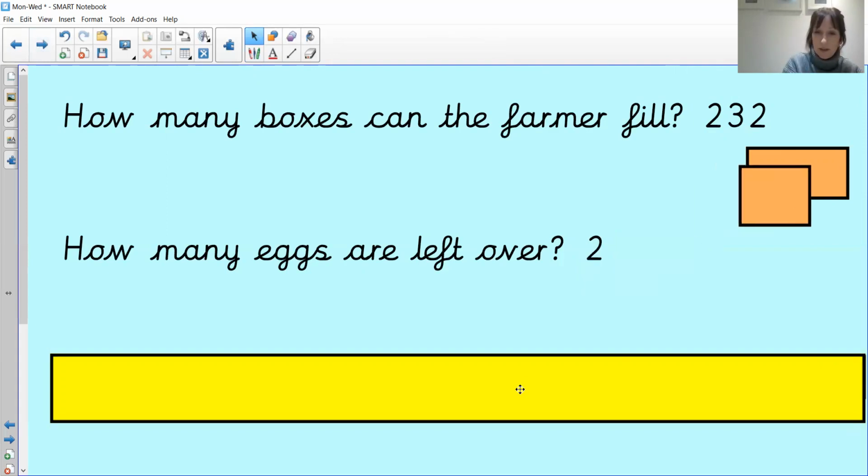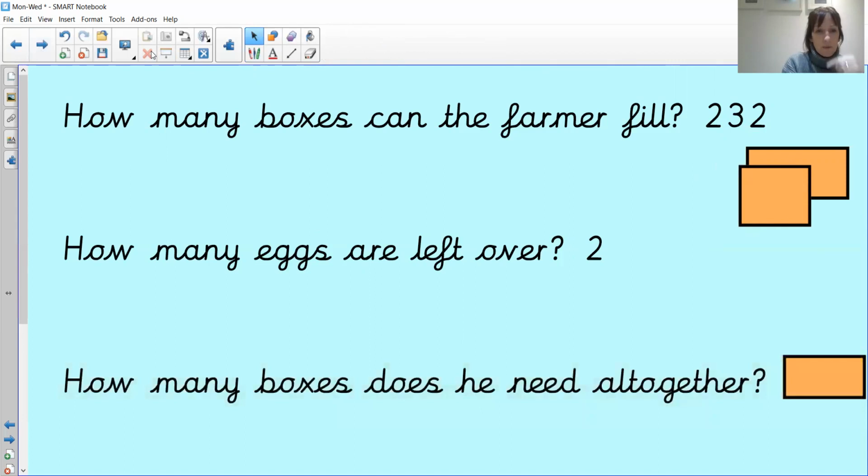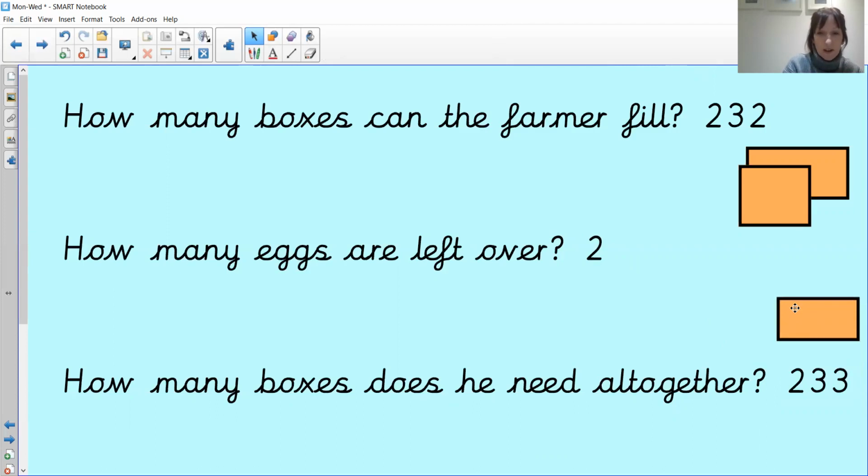It was 2, wasn't it? So, how many boxes does he need altogether, including those 2? Because they're going to need another box, aren't they? Even though the box won't be filled. So, how many boxes altogether? We need an extra 1, don't we, just for those 2. So we have 233.